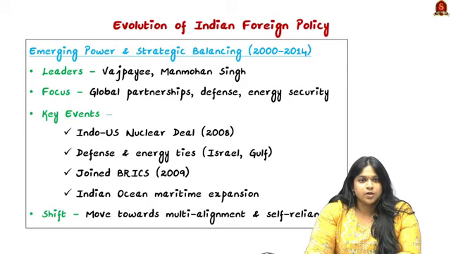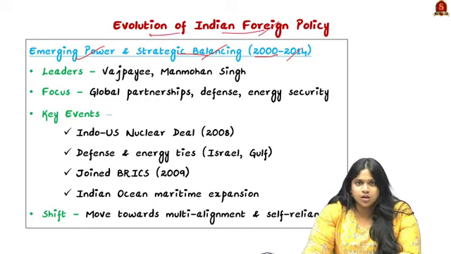So it led to the emerging power and strategic balancing period from 2000 to 2014. It was one of the shifts in the evolution of our Indian foreign policy. It was led by many leaders such as Atal Bihari Vajpayee and Manmohan Singh, where their focus was more on global partnerships, defense, energy security and military importance.